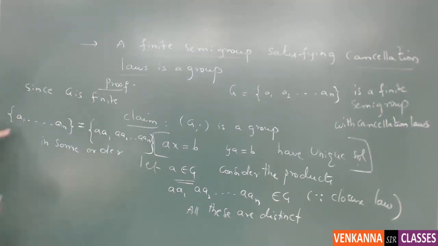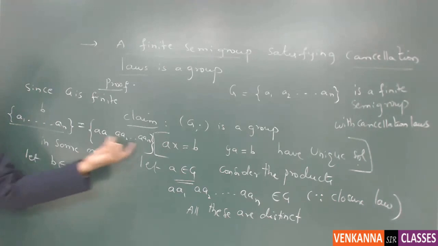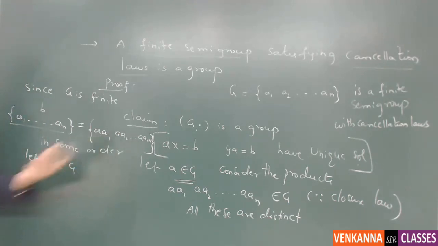So if I take any element here, it must be equal to one of these values because these two sets are equal. So if I take any value here, it must be equal to one of these values. Agree or not?